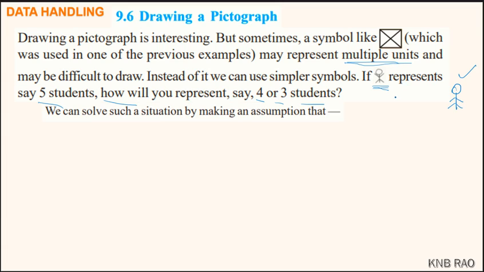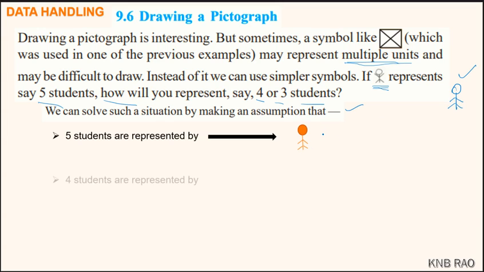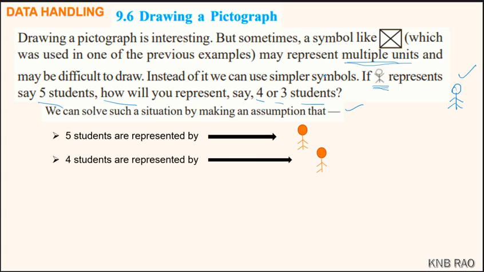We can solve such a situation by making an assumption that 5 students are represented by this sort of a symbol, but 4 students can be represented by a symbol like this, where you could observe one leg is missing.